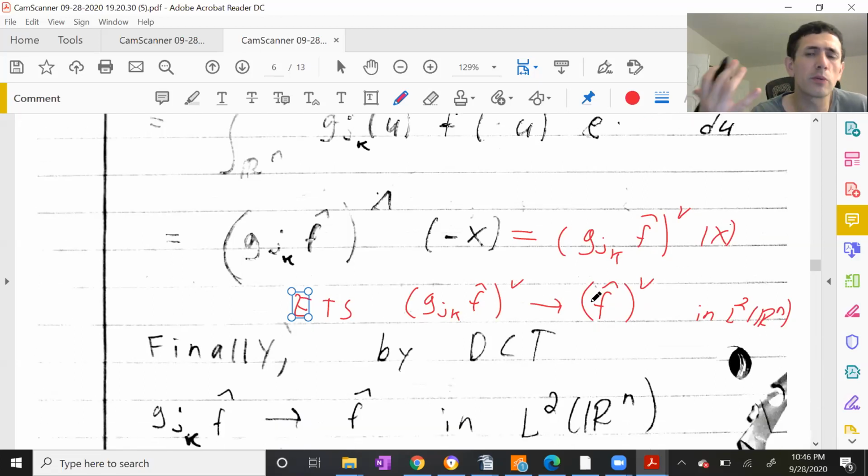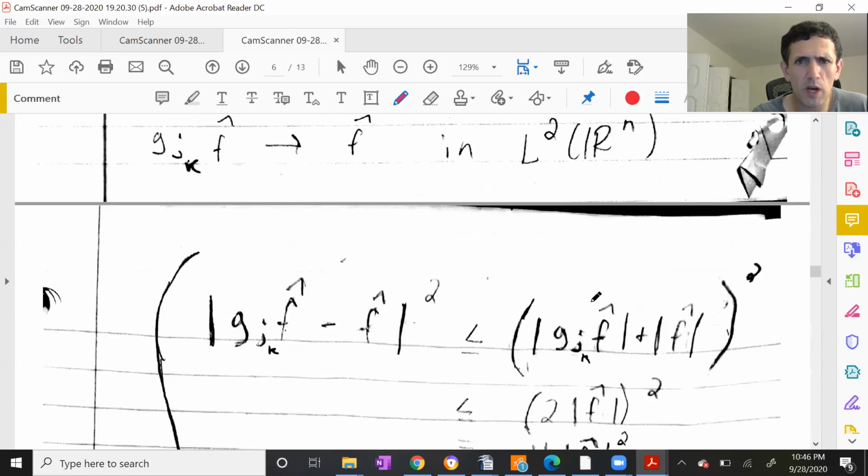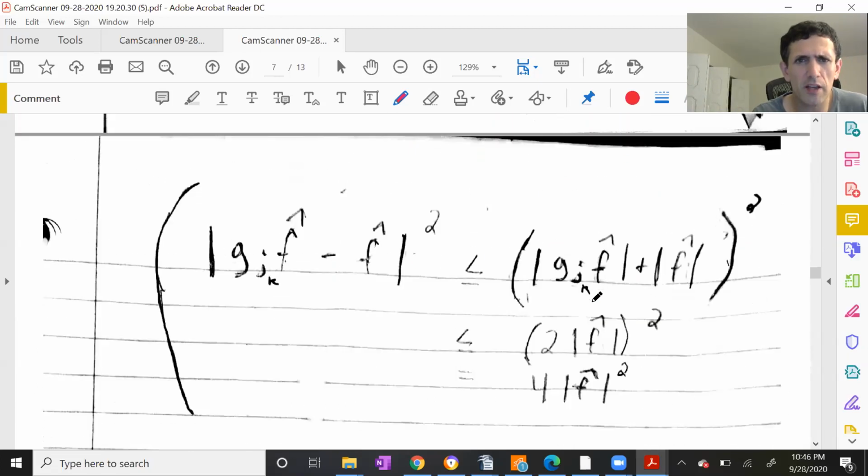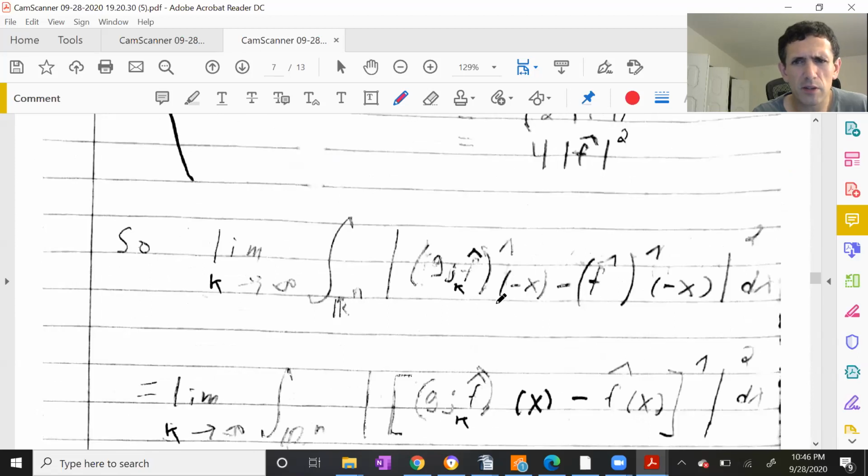And here we're going to use the isometric property of the Fourier transform. So we want g_jk of f hat with minus x plugged in, because that is what the inverse Fourier transform is, minus f hat with minus x plugged in. Well, just change variables, u equals minus x.